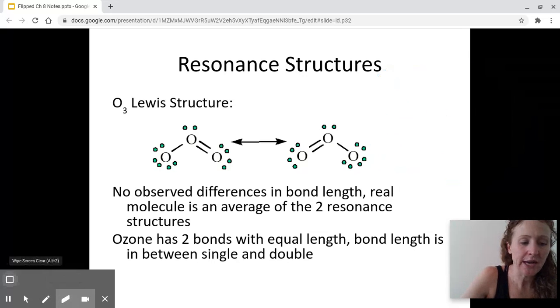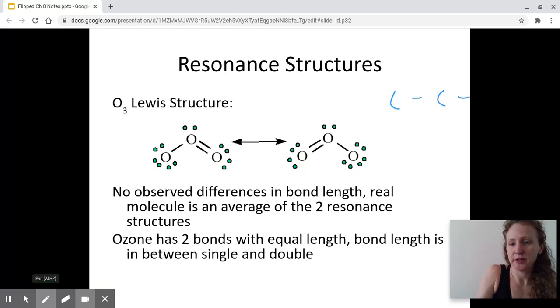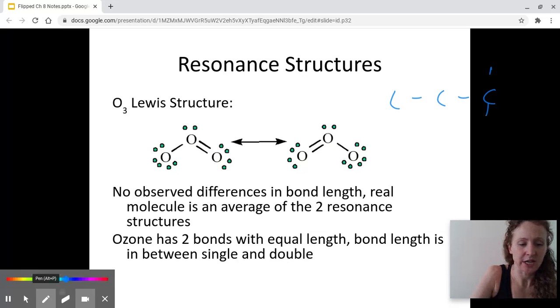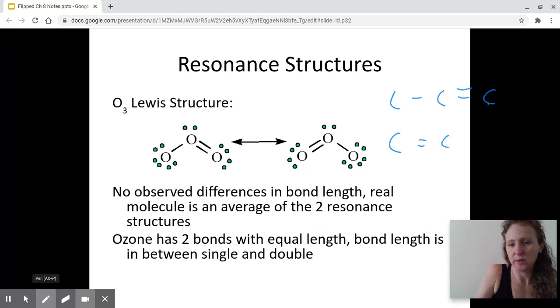However, let's say you have a carbon-carbon bond. You'd have some other things attached to it, right? But let's say you come and say, all right, I could have a double bond here, or I could have the double bond here.